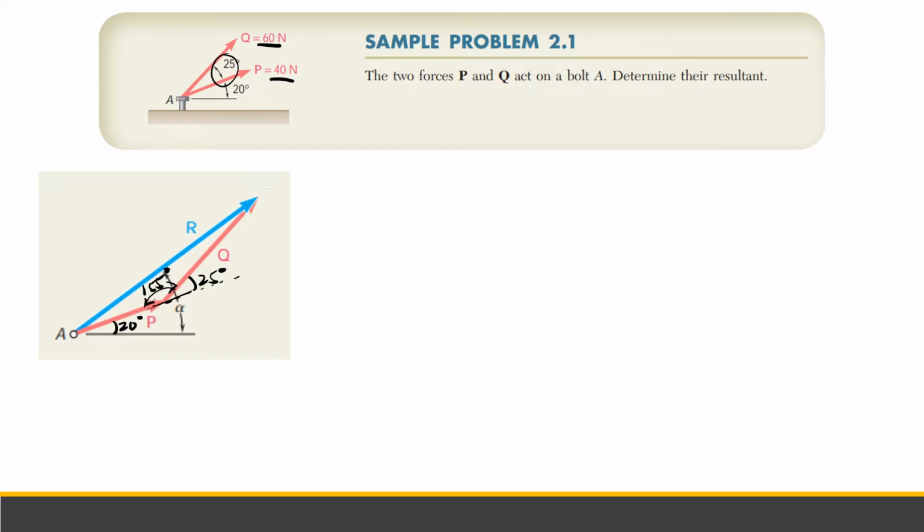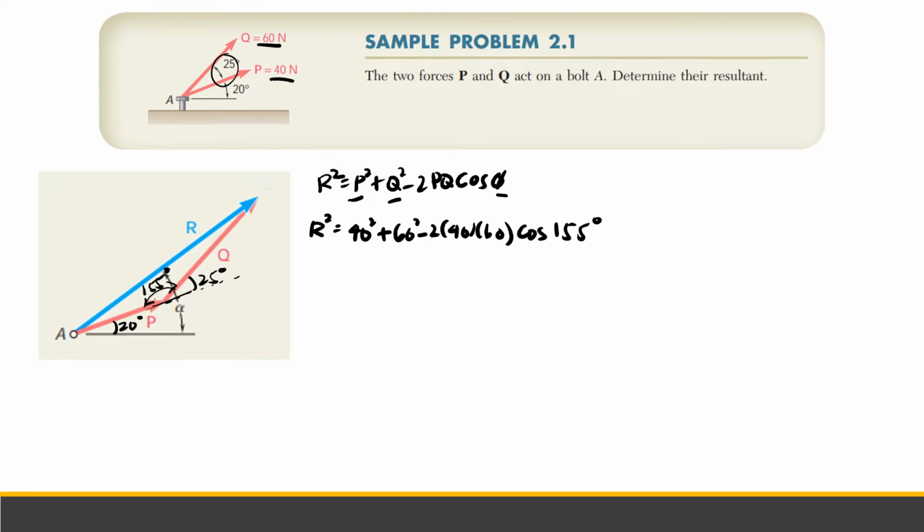Finding R, R squared is equal to P squared plus Q squared minus 2PQ cosine of the angle between P and Q. So R squared is equal to 40 squared plus 60 squared minus 2 times 40 times 60 cosine of 155 degrees.